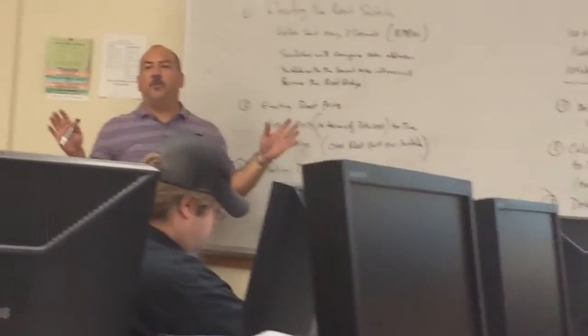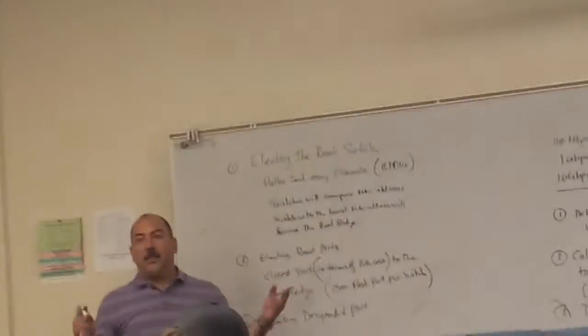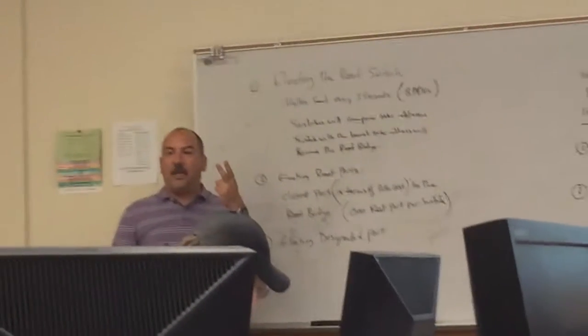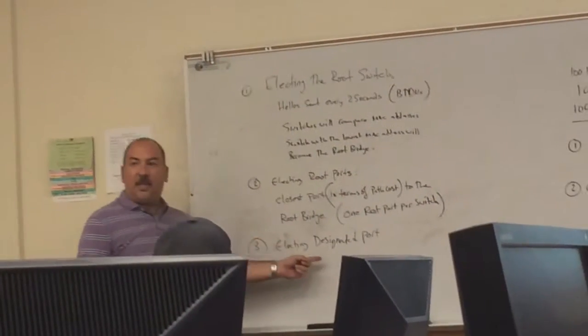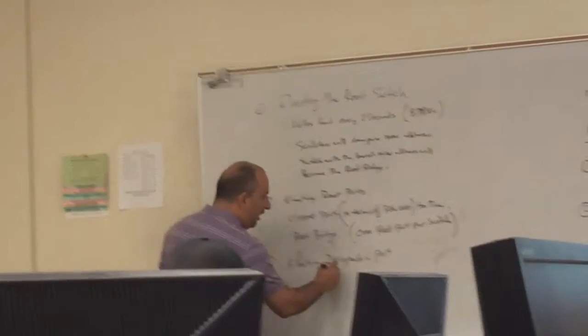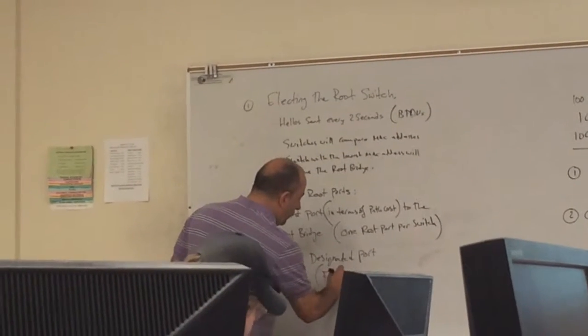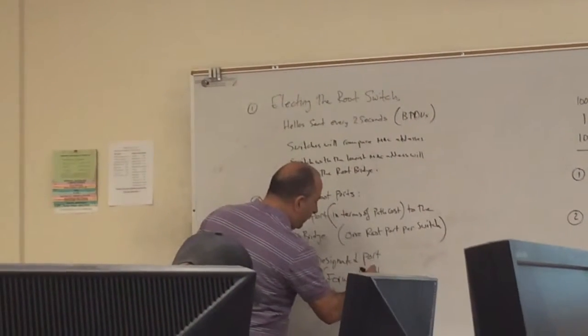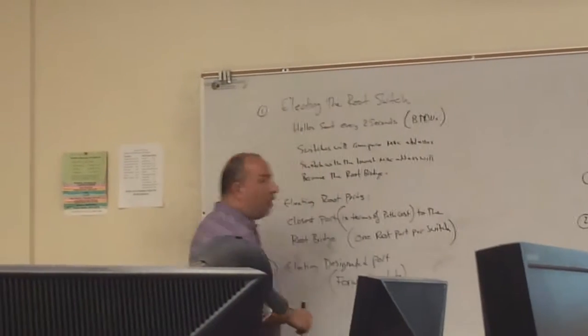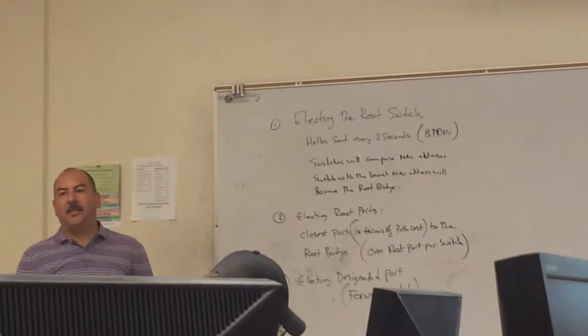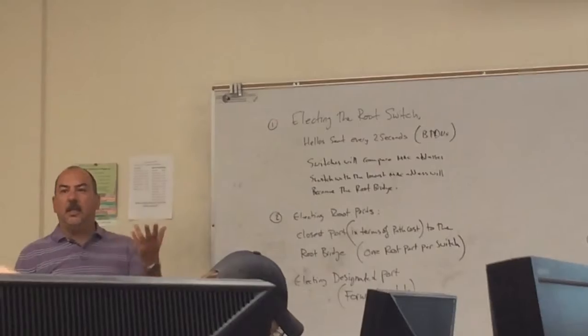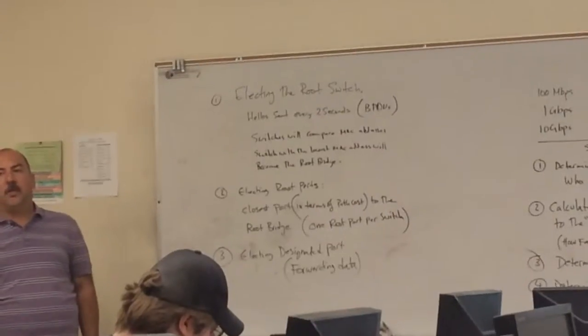The other ports have to be something else. The two things that the other ports can be are either designated port, which means forwarding data, or blocking ports, blocking data. That's the only two other options you have, okay?